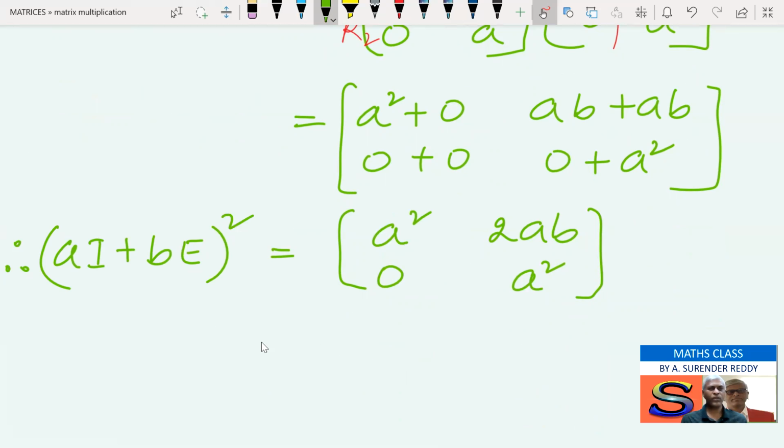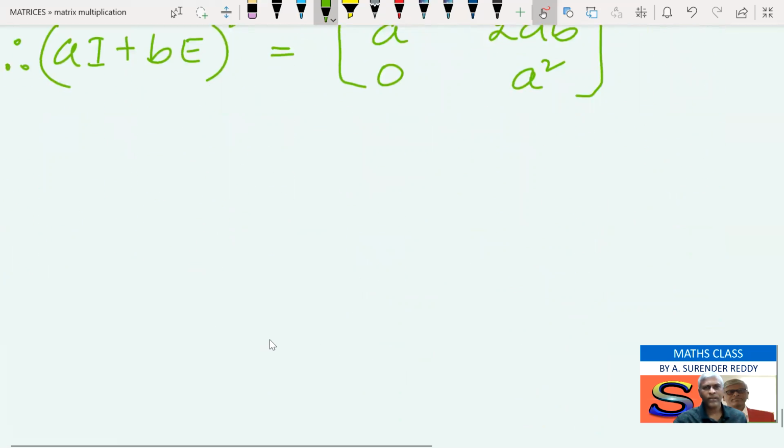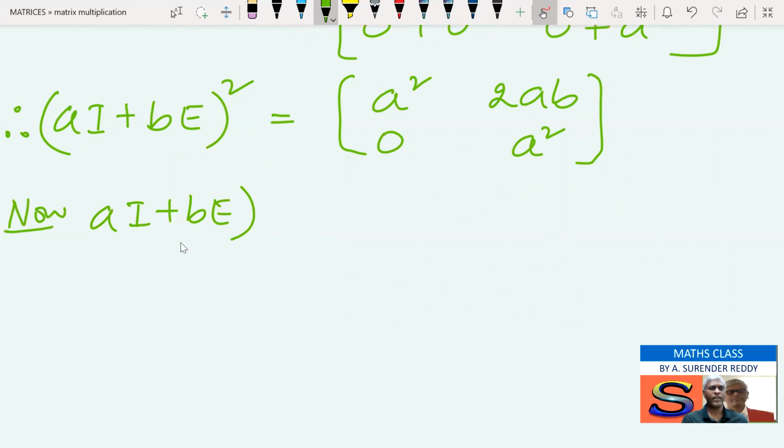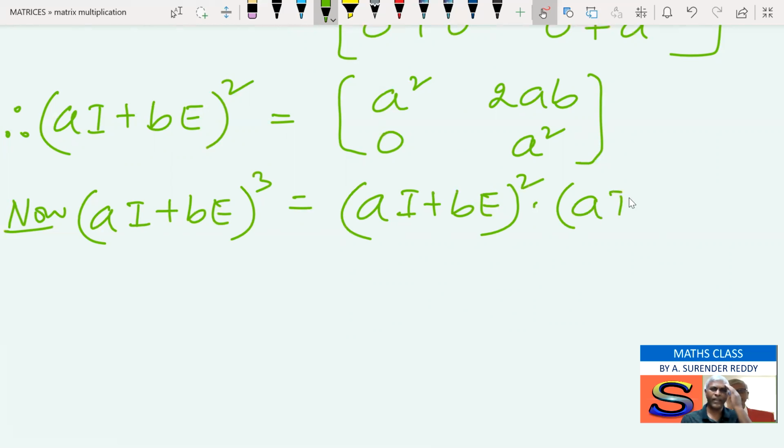Now we have to find the cube, aI plus bE whole cube, that is aI plus bE whole square into aI plus bE.